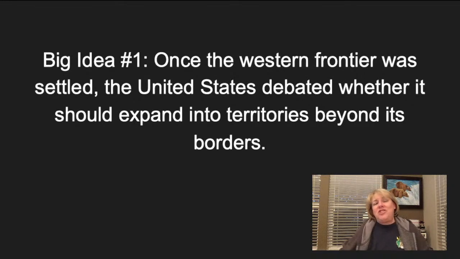And then if you take this just a step further, not only do we need a strong navy to protect our shipping lanes, we need ports along these shipping lanes for refueling, for stocking and stuff like that. So that's going to be another reason for imperialism, is to find more naval ports throughout the country.